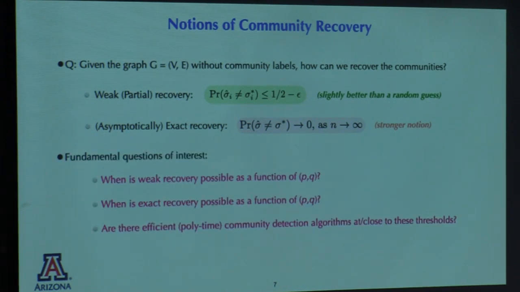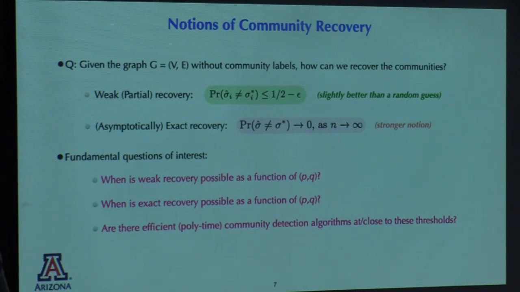So what are the questions people try to study in community detection? They ask, when can we recover the underlying communities as a function of p and q? Remember, there are three parameters, n, p and q, which are fixed and known to us. We also assume p is greater than q. Suppose p is equal to q. What does that mean?